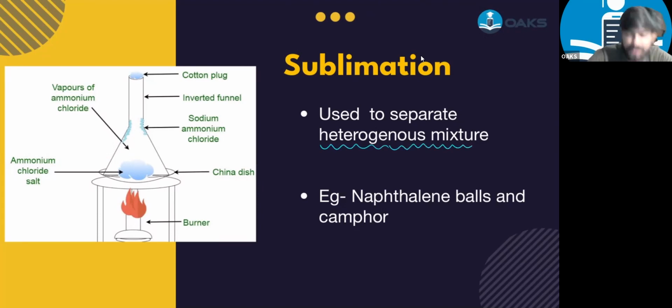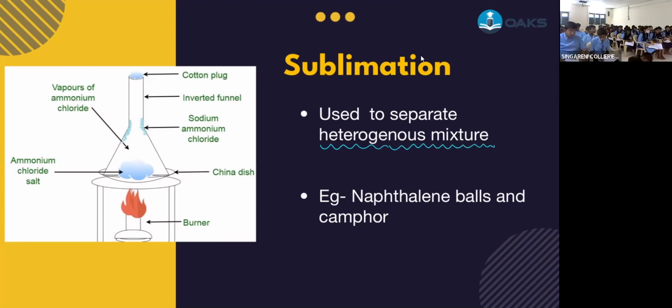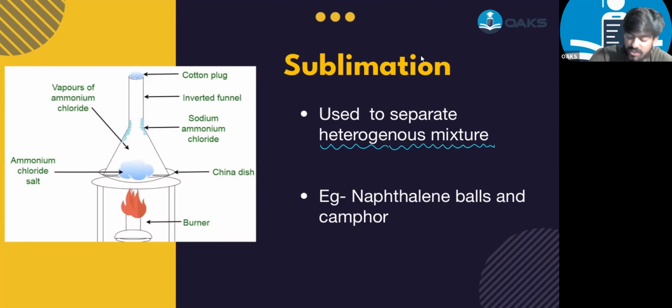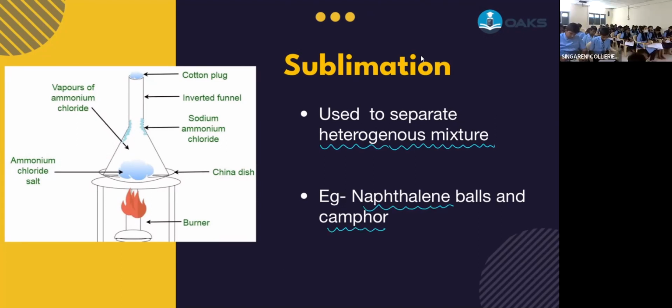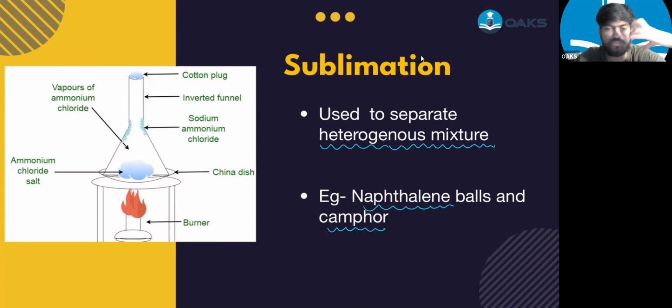Which kind of mixture? Yes. And the example for this is naphthalene balls and camphor. Now, do you know these naphthalene balls? We use them in the washrooms, and in our cupboards to keep the winter dresses fresh, yes or no?